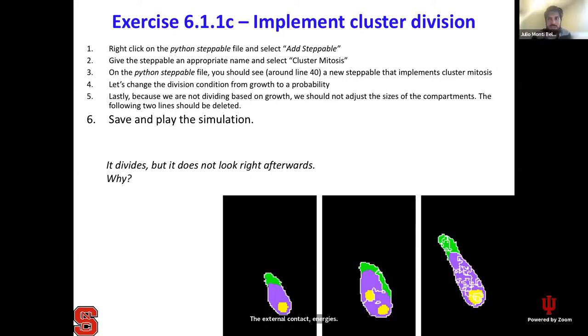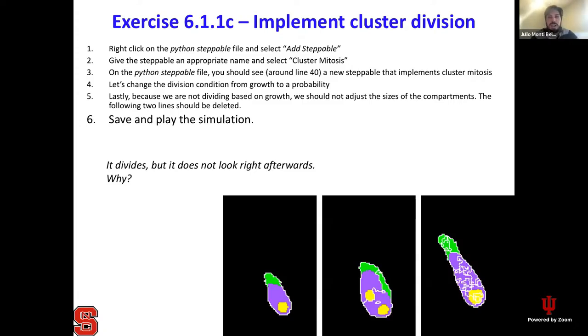I think we still left the external contact energies to be the same as before, so all the cells behave in a way that they want to be together, okay? So we have to set this up. Try to set the probability of division to be higher so we can see it more quickly.